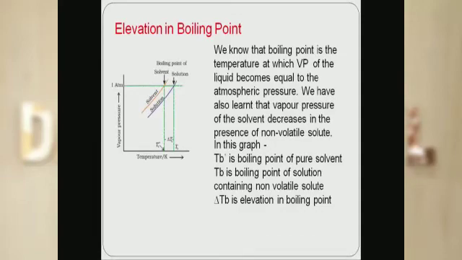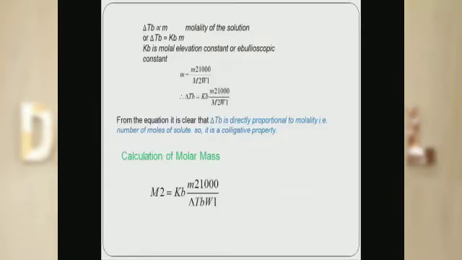So this is the boiling point of solution. You can see from the graph that TB is greater than TB naught. TB greater means elevation, and the difference between the two temperatures is shown by delta TB. This is known as elevation in boiling point.